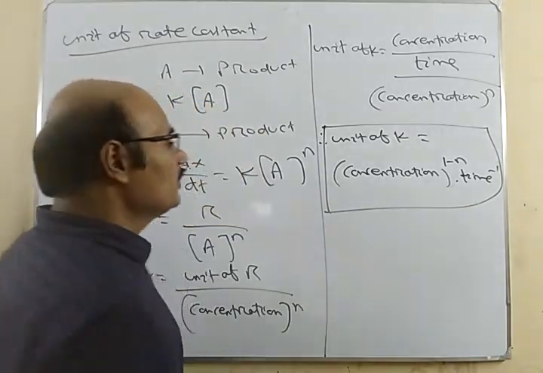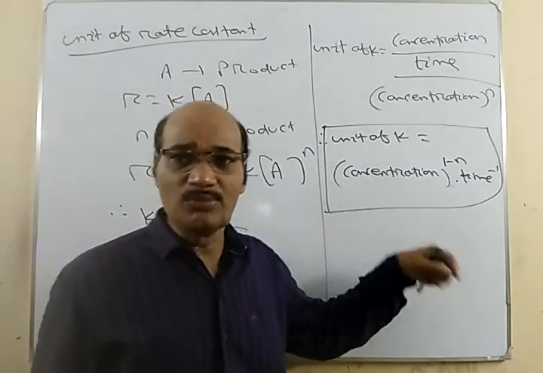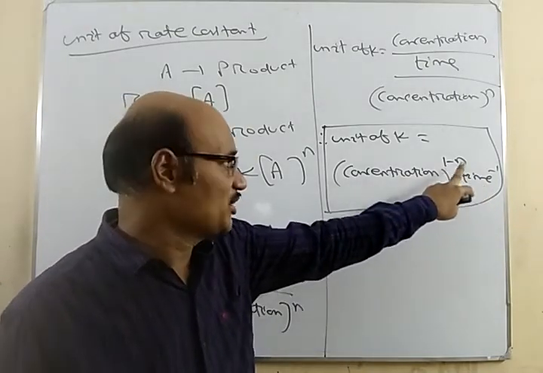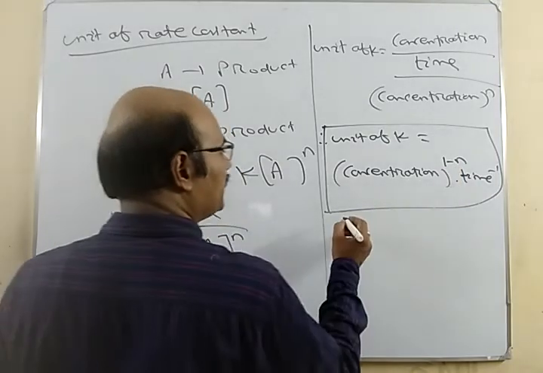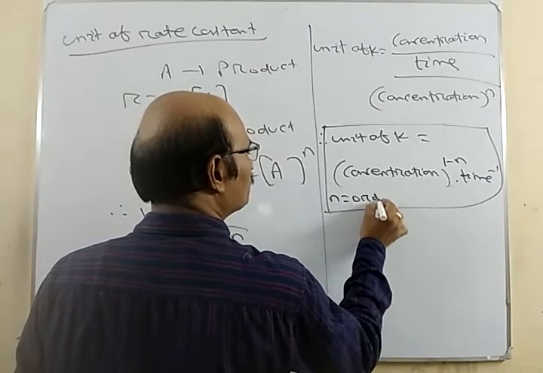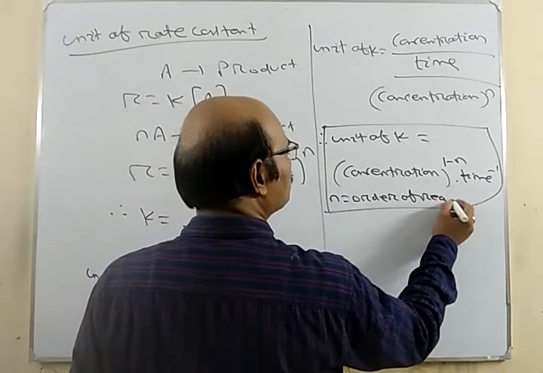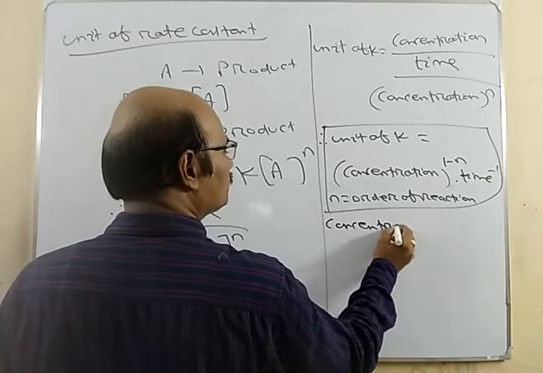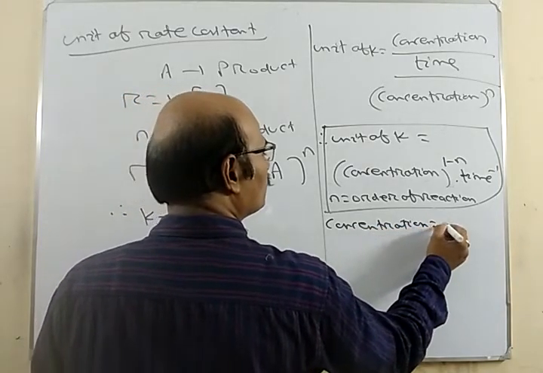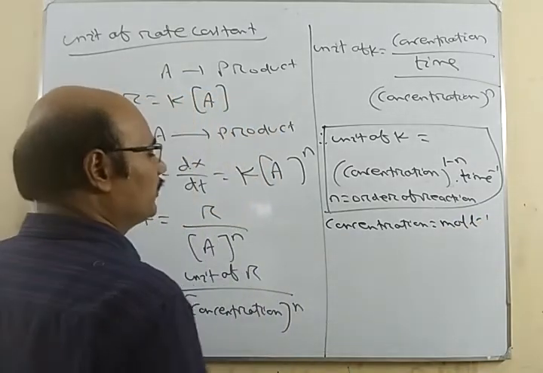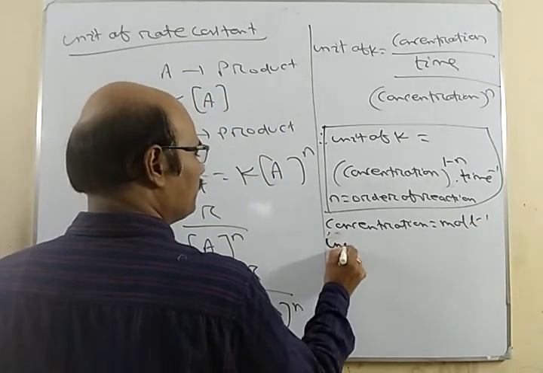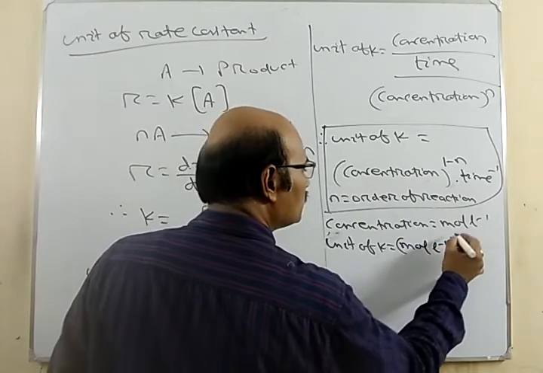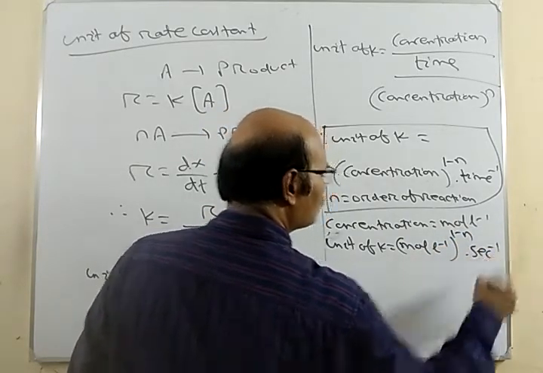So if the concentration is in mole per liter, then the unit is mole per liter to the power 1 minus n. Here n is the order of the reaction.